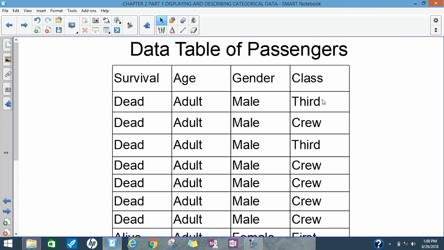Second class, third class passengers, those would be the ones who had probably the least amount of money. And of course there's crew on deck. This is one way we can display categorical data. It's not super helpful. They probably have way more information than this as well.